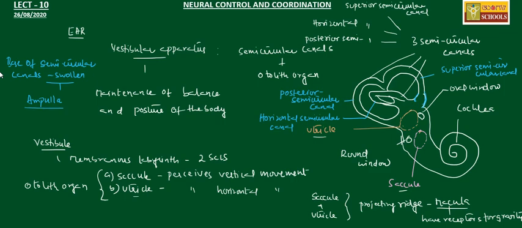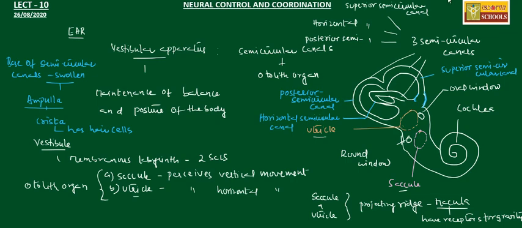The ampulla region contains a projecting ridge called crista, and this crista has hair cells. These hair cells receive the information, so they are receptors.